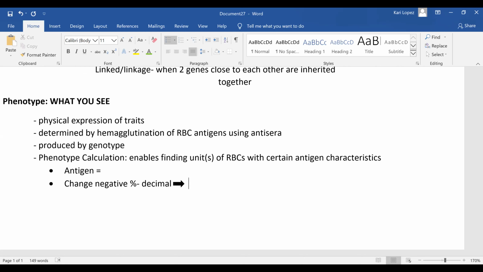And then next, once you have your decimal, it will be your decimal negative. That one is going to be multiplied times your decimal negative of your next antibody.